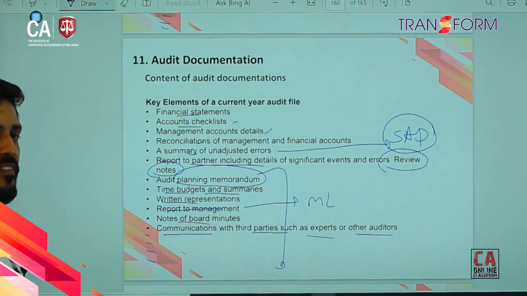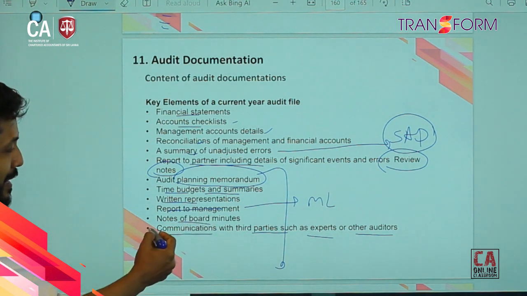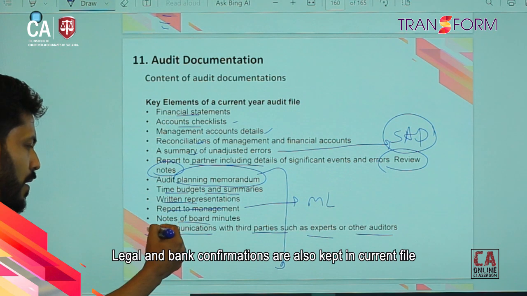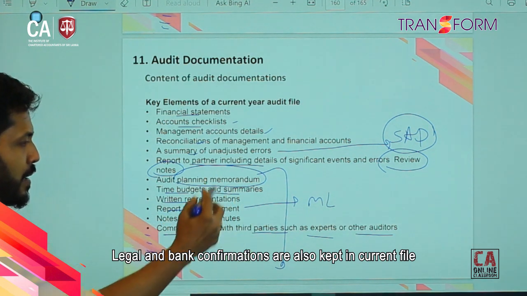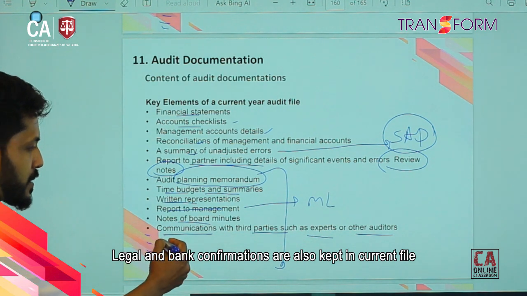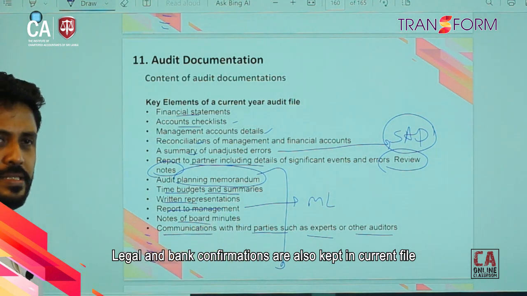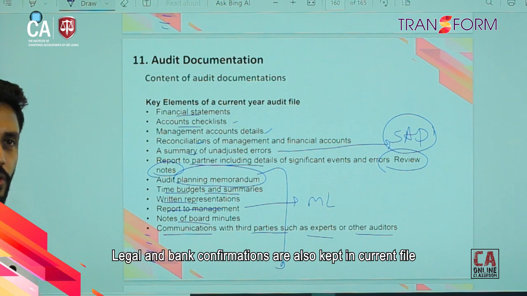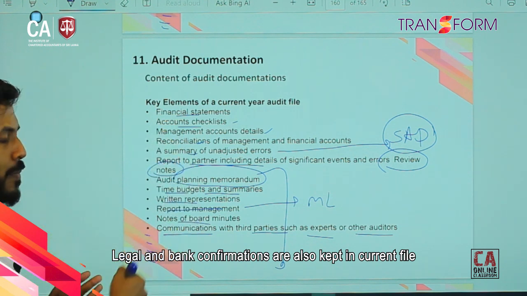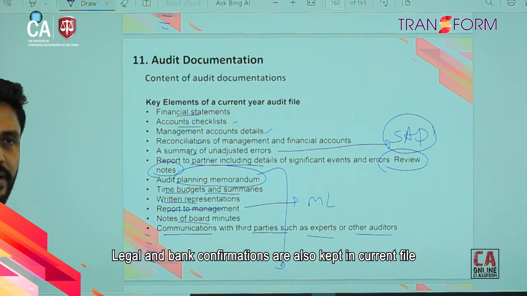Journal entry testing evidence, and legal confirmations, and bank confirmations. So then some other post balance sheet review documents, and third party other confirmations, actuarial reports, agreements. So all those things may be a part of the current year audit file.